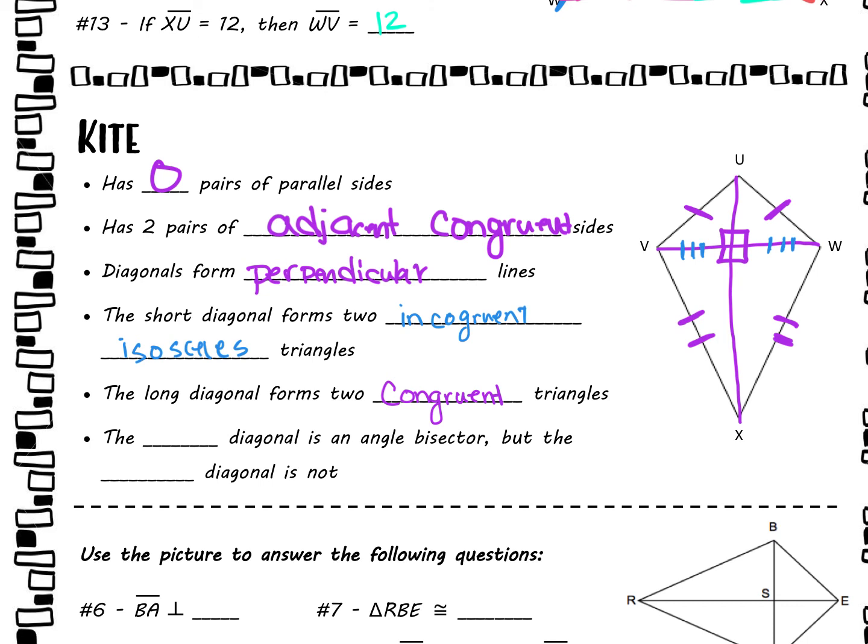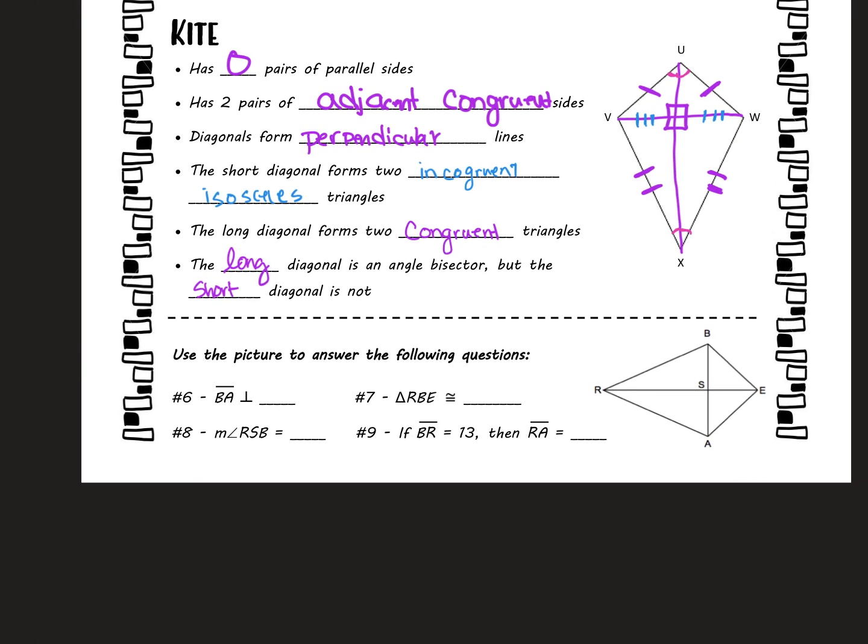All right. 2 congruent triangles. The long diagonal is an angle bisector, but the short one is not. So that means that this angle U can be split into 2 equal portions along with angle X, but the same does not apply to V and W.